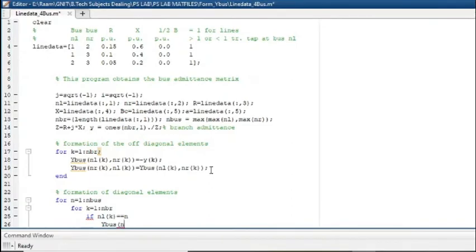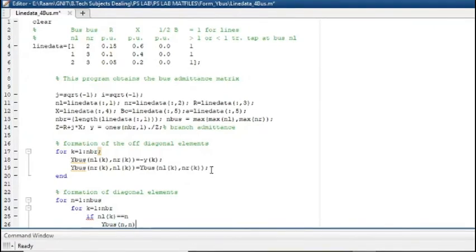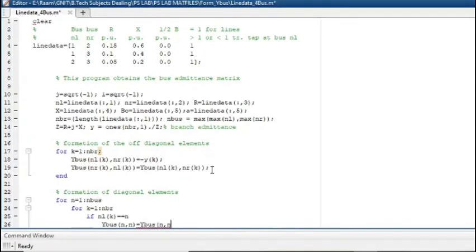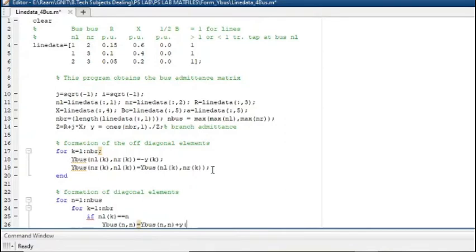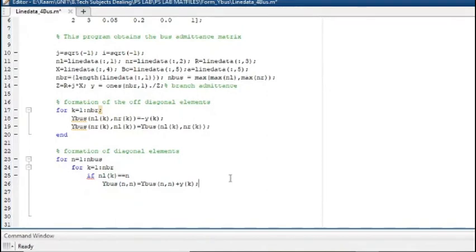Y bus n comma n is nothing but capital Y11, capital Y22, capital Y33. It is equal to Y bus of n comma n plus y of k.